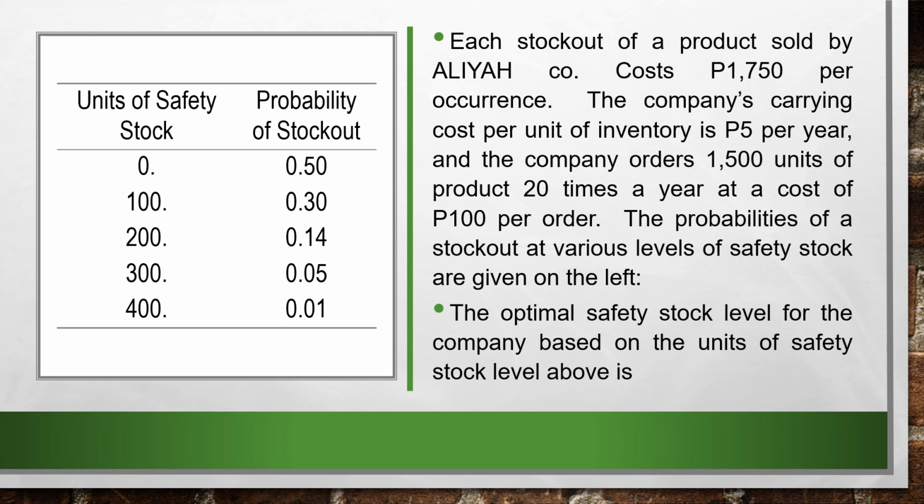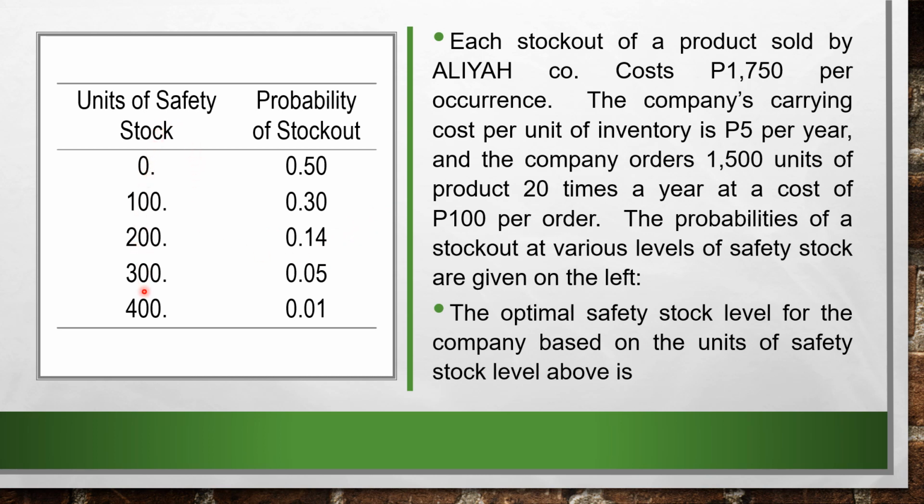The probabilities of the stock out at various levels of safety stock are as follows. Units of safety stock 0, probability of stock out is 50%. Units of safety stock 100, probability of stock out 30%. If we have 200 units safety stock, probability of stock out is 14%.